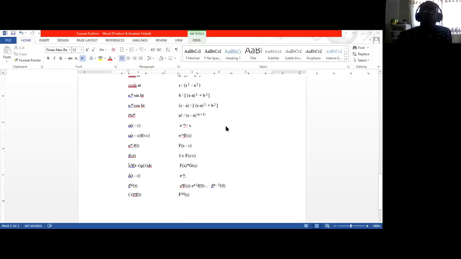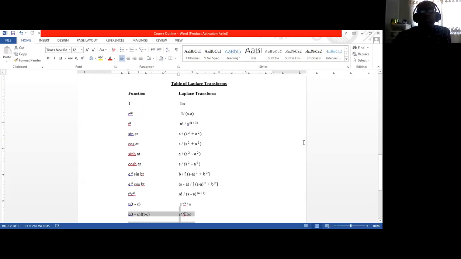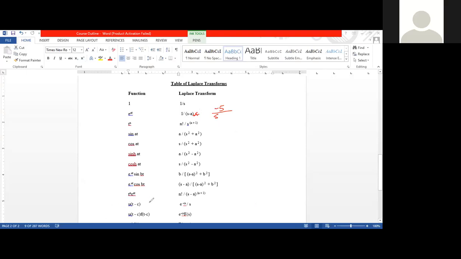First thing, we're going to be using this function here because we have minus 5 over s plus 1.